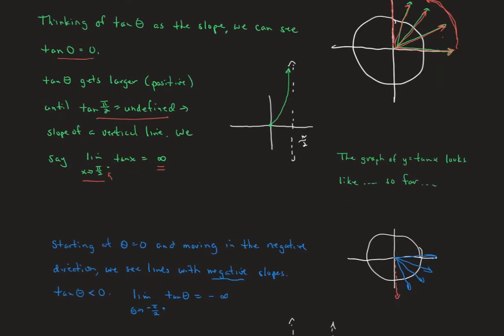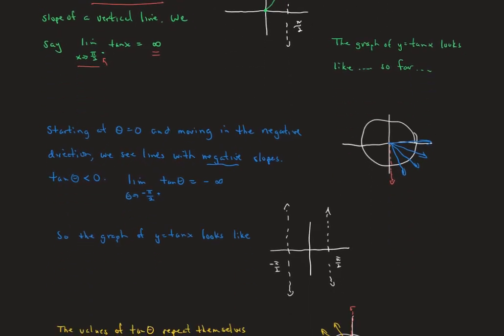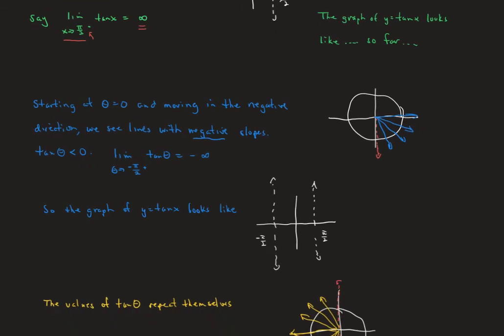Let's explore this further. So if we now go back to an angle of 0, and then we move our way going clockwise. Now these are negative angles. As we work our way down towards negative pi over 2, we can see that these lines have negative slope and that they're getting to be bigger and bigger negative numbers.